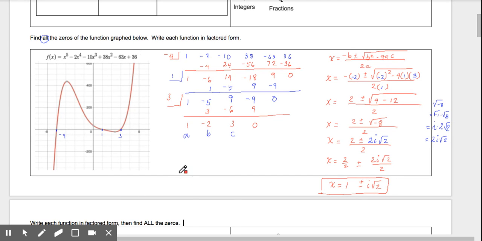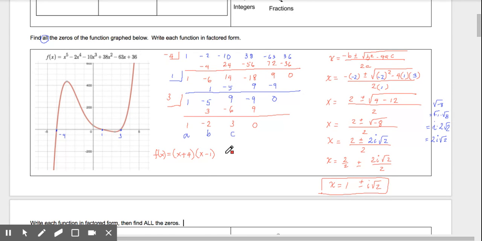Now let's write f of x in factored form. We can put it here. f of x is equal to, for negative 4 as a zero, the factor will be x plus 4, or x minus negative 4. Then when the zero is 1, the factor is x minus 1.